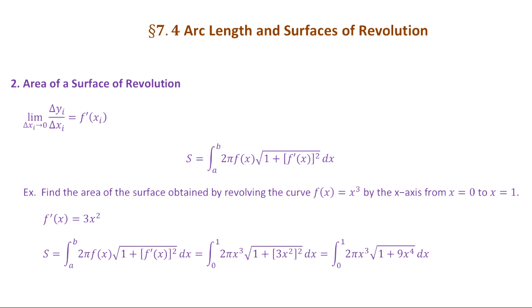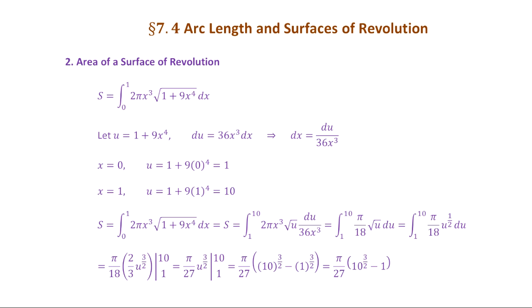And then again, we're going to use the substitution to integrate it. It's not hard. So let u equal to 1 plus 9x to the fourth, the part in the radical. So do the du. So you got the 36x cubed from the derivative, and then times dx.